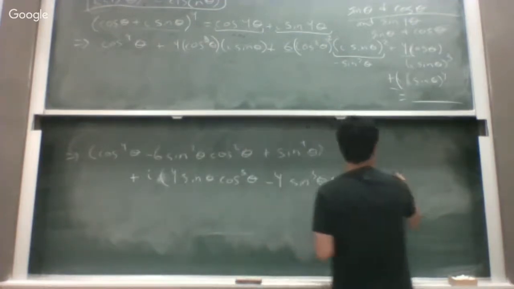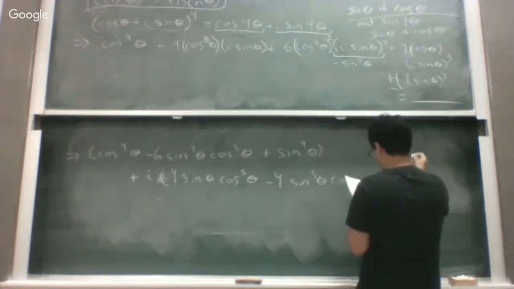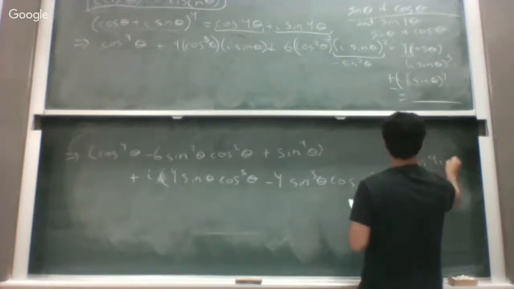Okay, and that's equal to what we had in the beginning, cosine of 4 theta plus i sine of 4 theta.